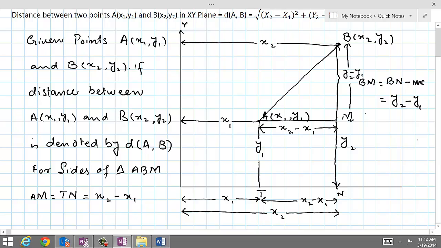Now we want to find the side AB, the hypotenuse. This is the hypotenuse, this is the base, and this third side you can call the opposite or perpendicular.